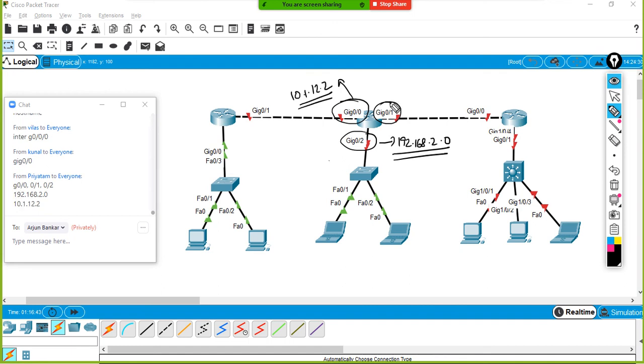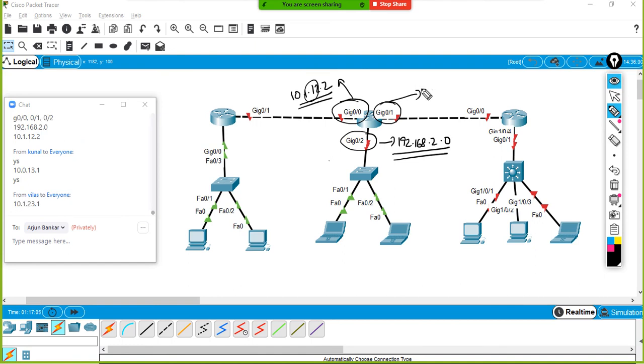Then what IP address do we need to configure on 0/1? This is between router 2 and router 3. The third octet we are planning to give as 23.